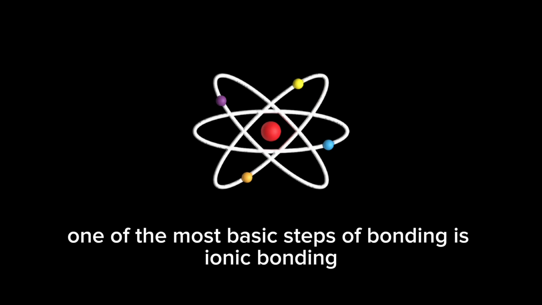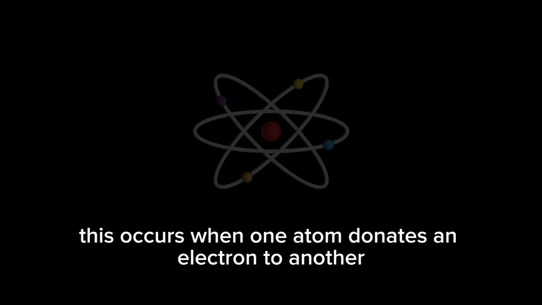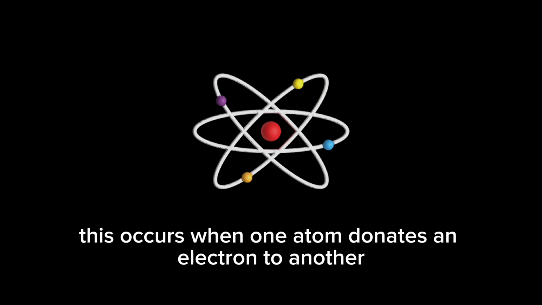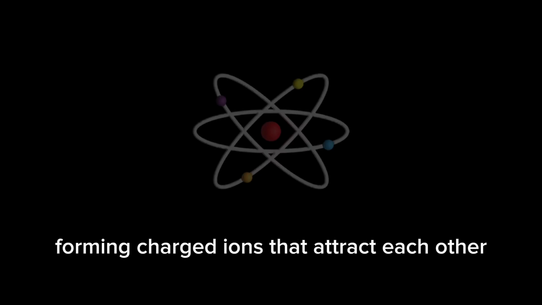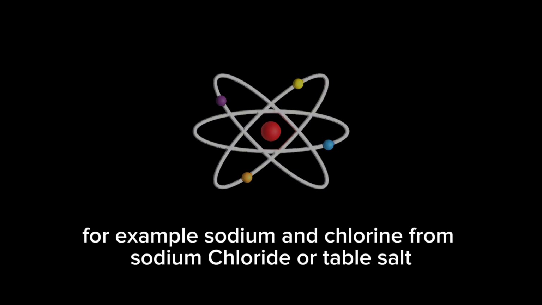One of the most basic types of bonding is ionic bonding. This occurs when one atom donates an electron to another, forming charged ions that attract each other. For example, sodium and chlorine form sodium chloride, or table salt.